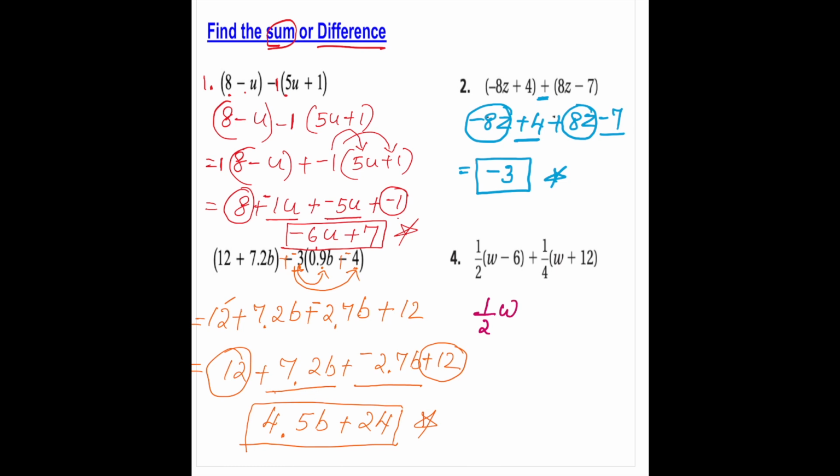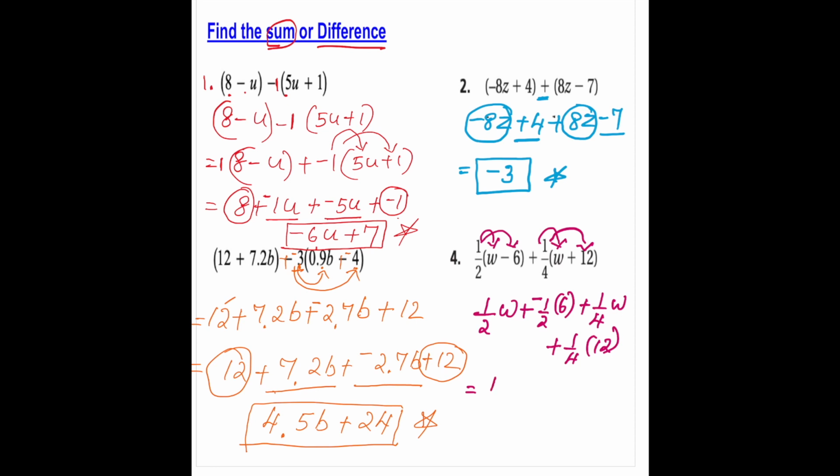So 1/2 times w, which is 1/2 w, minus, or you can write plus negative 1/2 times 6, plus 1/4 of w plus 1/4 of 12. So we just distributed the number outside to each and every term inside and removed the parentheses by using the distributive property.